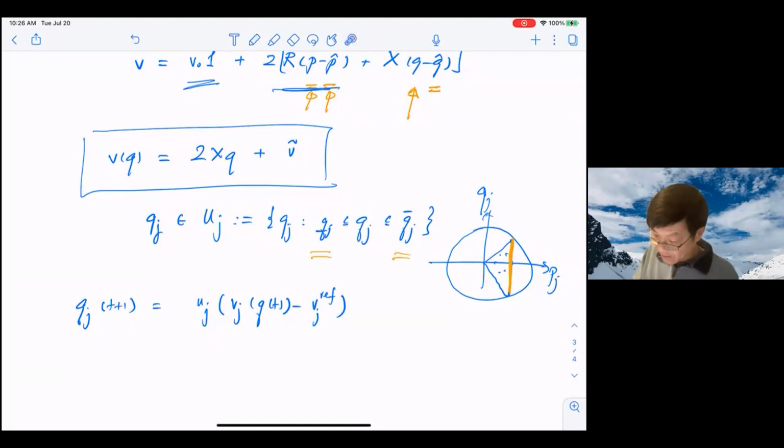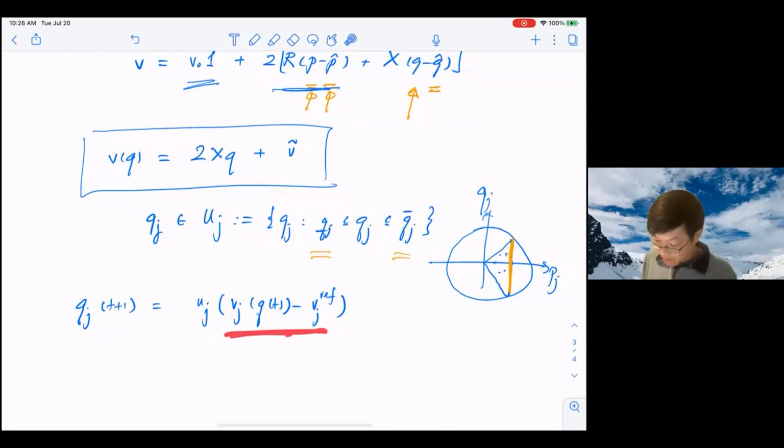So again, the control structure is such that given the current voltage, which is determined by the entire vector of controls in the previous iteration Q t, given this voltage, you look at the error from the nominal, the reference, which is given.